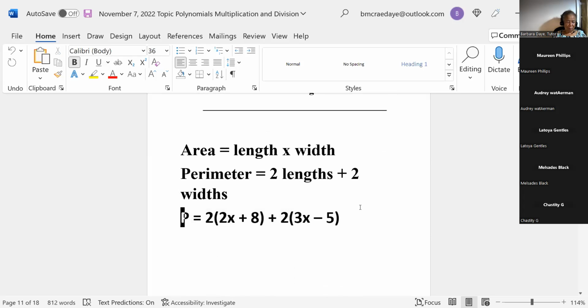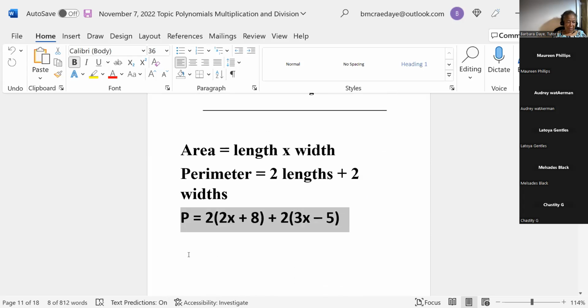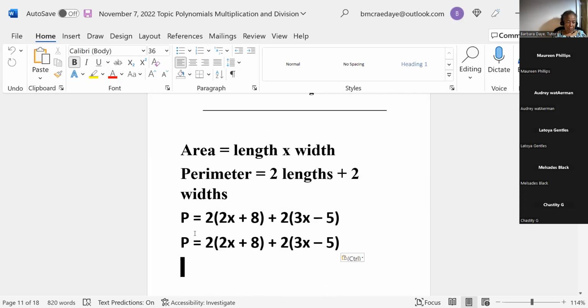Okay, so when you multiply this out, let's see. Everybody get the same? What's 2 times 2x, Mercedes? 4x. Okay, so this is 4x. What's 2 times 8? 16.